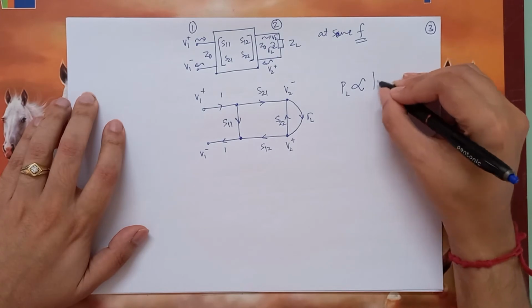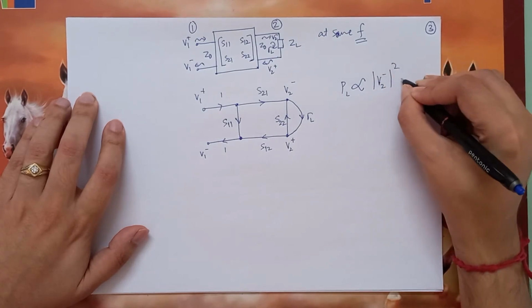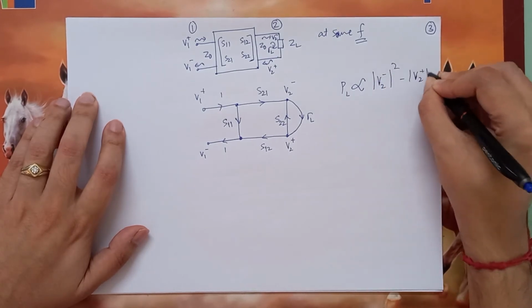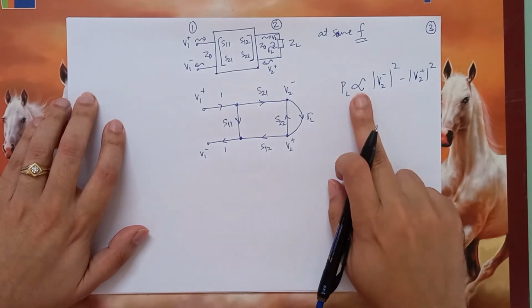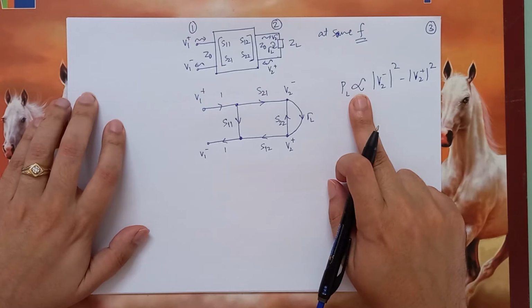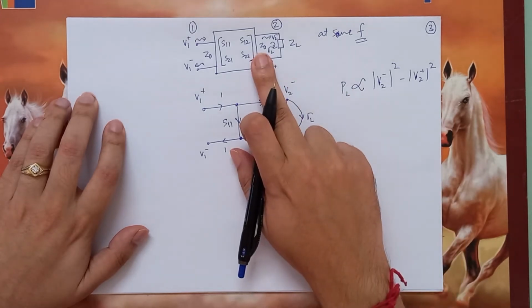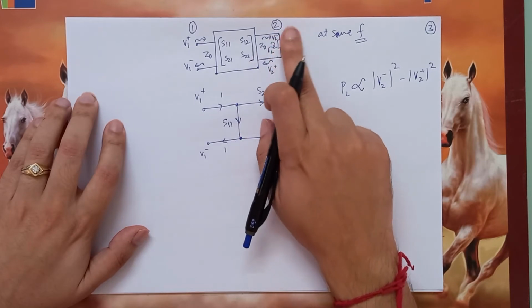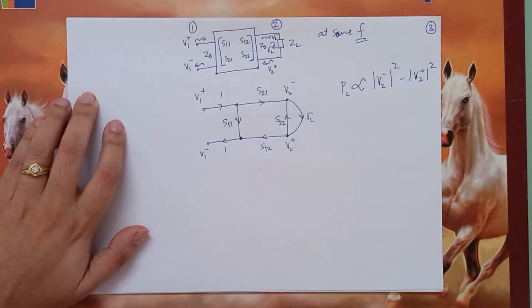So this will be V2 minus whole squared minus V2 plus whole squared. Notice the proportionality sign. I have not said anything about the impedance. Usually it is with respect to Z0 because V2 plus and V2 minus are already decided by ZL.